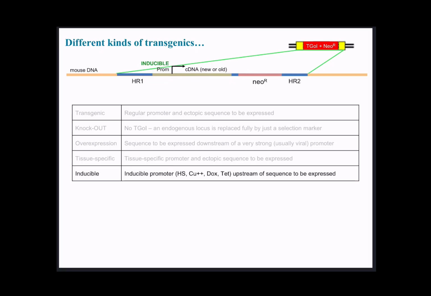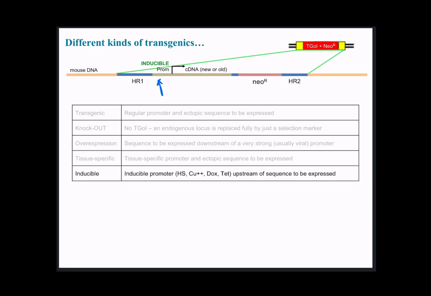Other times, what we may want to control is not so much what we are expressing or where we are expressing it, but when we are expressing it. So there may be research questions that have to do with what happens when a certain gene is expressed now. And for that purpose, we use inducible promoters. These are promoters that will respond to transcription factors that bind to DNA or not, depending on a certain condition.